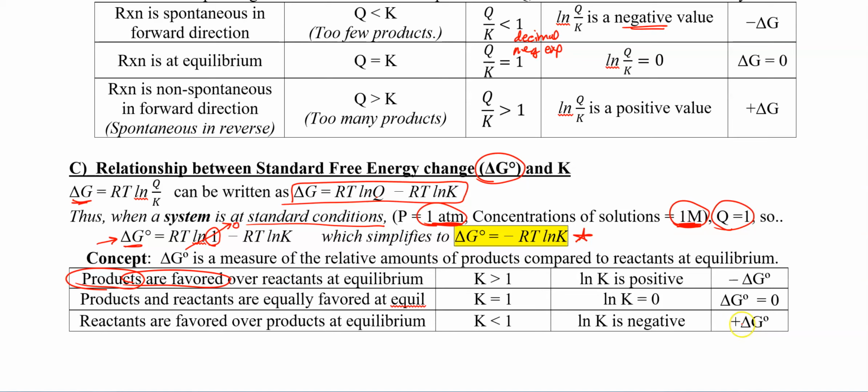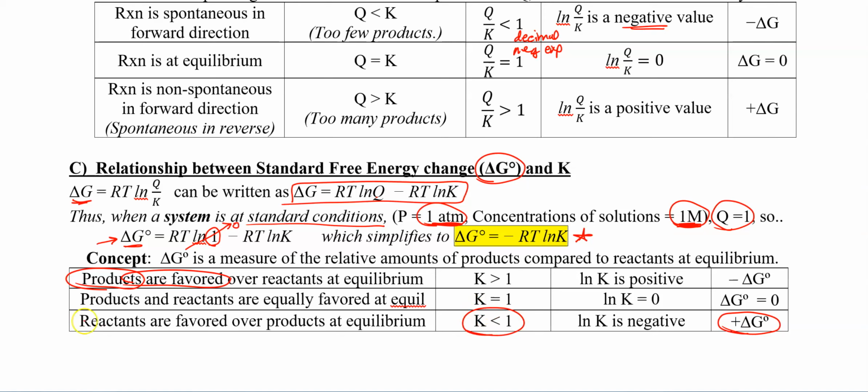If your delta G naught is positive, it's also telling you that the K is less than 1 because you have fewer products compared to reactants, right? So reactants are favored over products. So if you know that the delta G naught is positive, your K is less than 1.